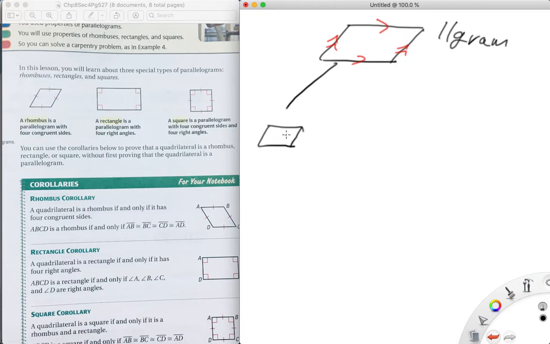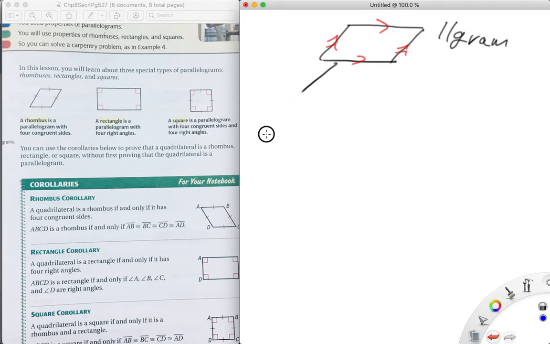And a rhombus is also a parallelogram, but it has one caveat. It's a parallelogram where all four sides are congruent.